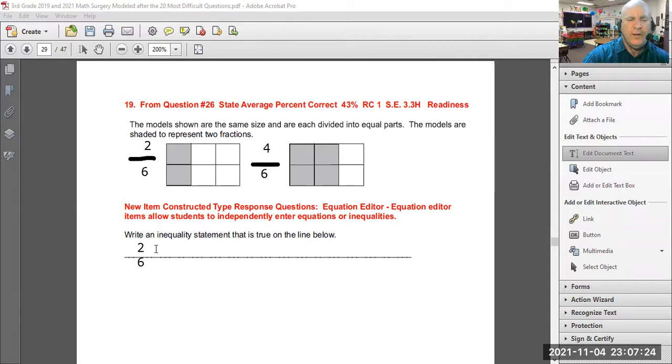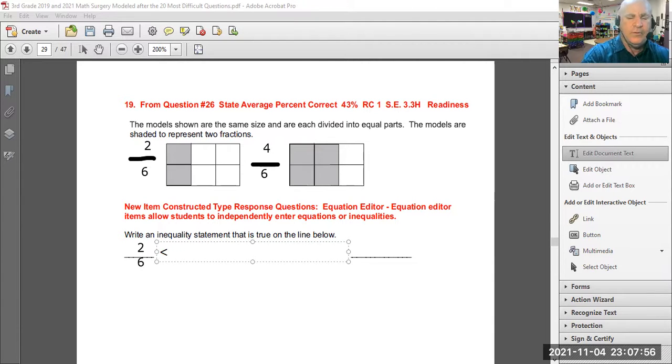So one way to do this is 2, 6, and I will use my computer and I will shift, because the greater than and less than, it's less than and greater than on the order from left to right on your computer. So I'm going to click that the 2, 6 fraction is less than what?